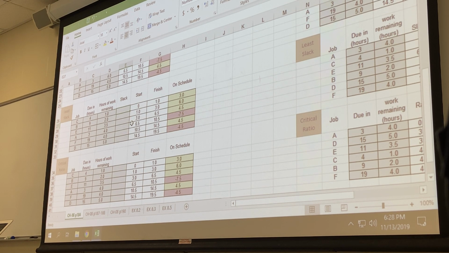So it's just going to equal how much slack do I have? It's due in 4 hours, but it's going to take me 1 hour. So I've got 4 minus 1. And then that's good all the way down.